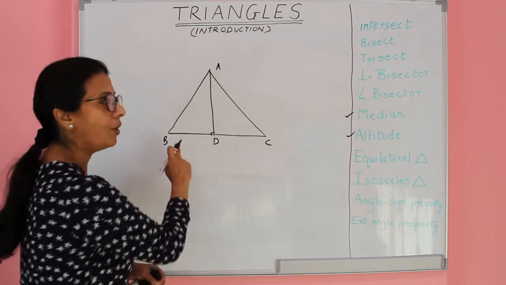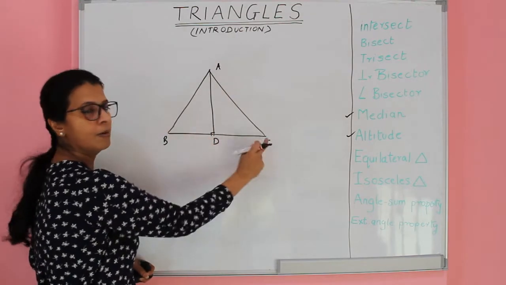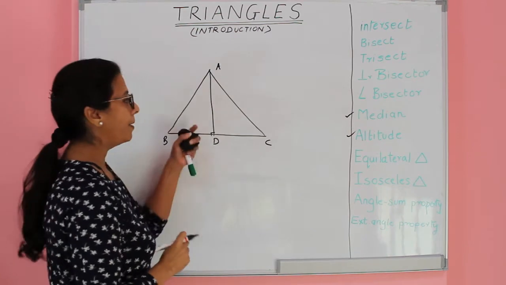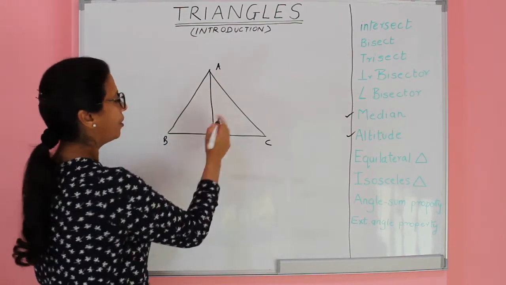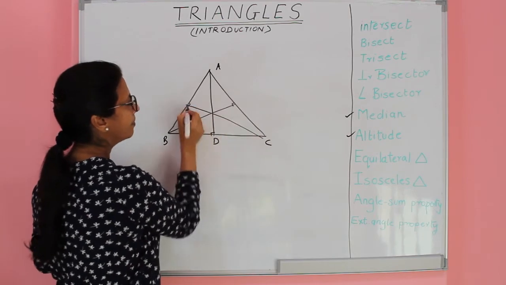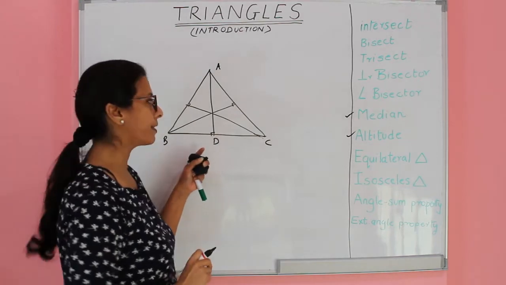AD is the altitude, AD is perpendicular. I am drawing from this vertex to the opposite side a perpendicular, that AD is going to be my altitude. So again, I can have three altitudes for a triangle.